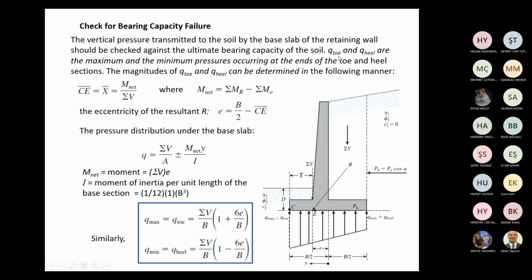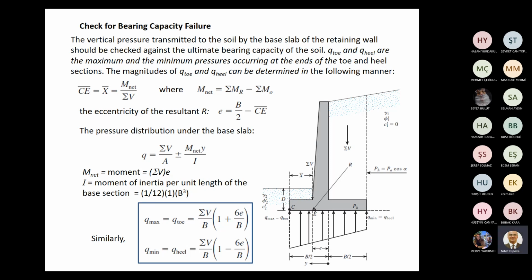Q at toe and Q at heel are the maximum and minimum pressure occurring at the end of the toe and heel. So we need maximum and minimum values for the bearing capacity check.